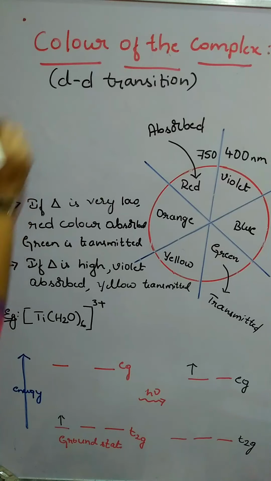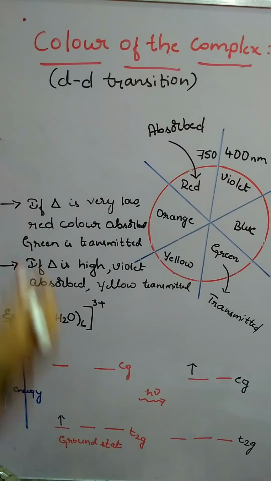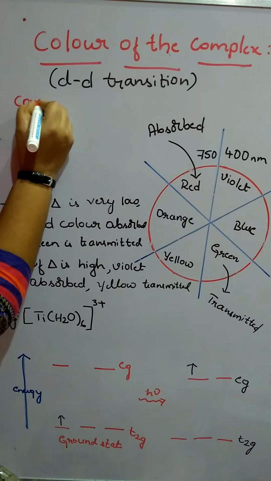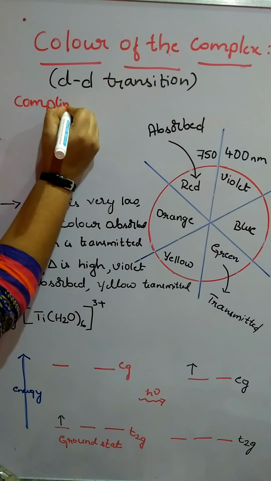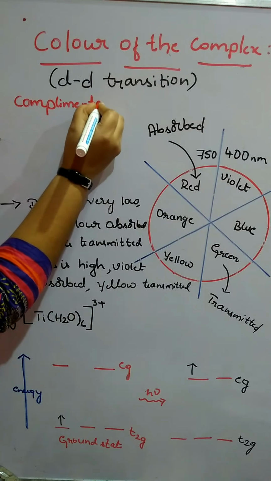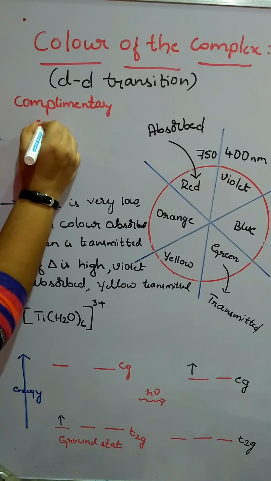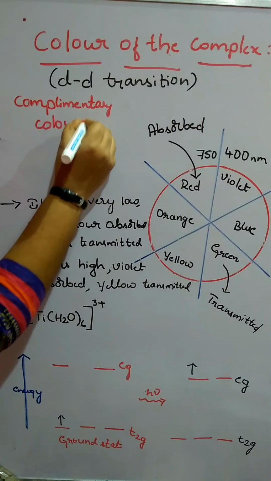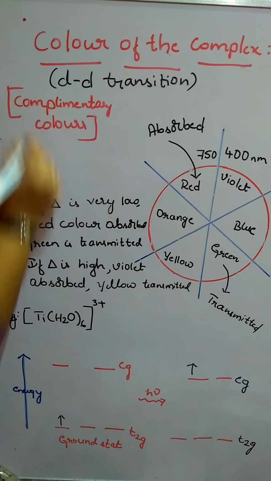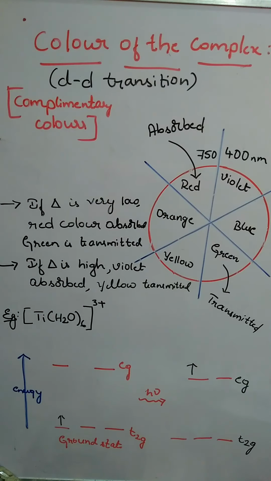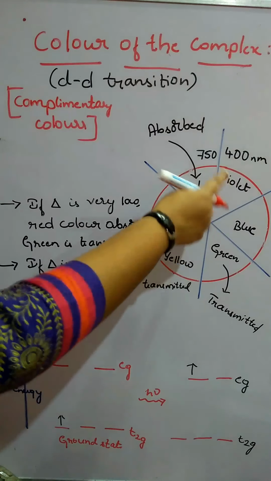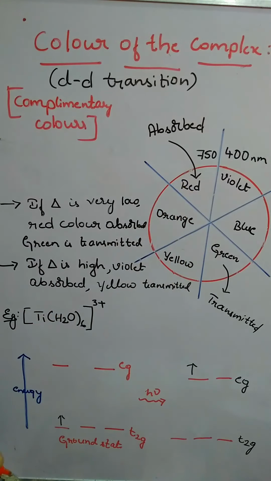Those are called complementary colors. The substance will absorb one color and appear as another color. This is the color wheel, and easily we can make it out.